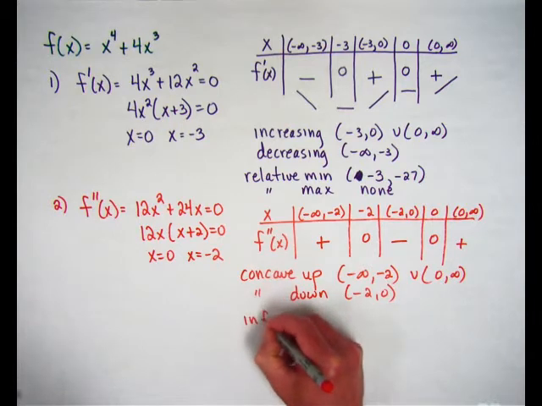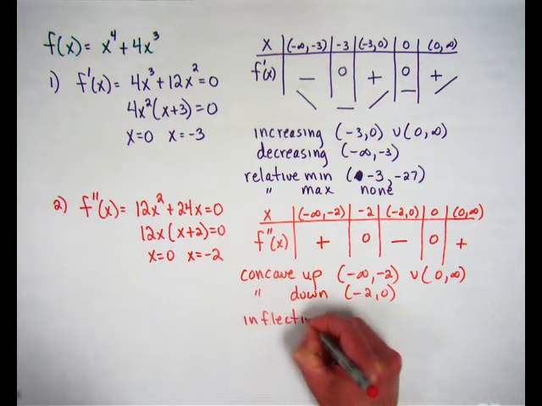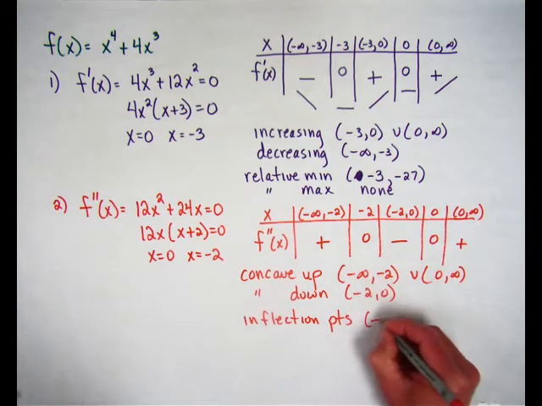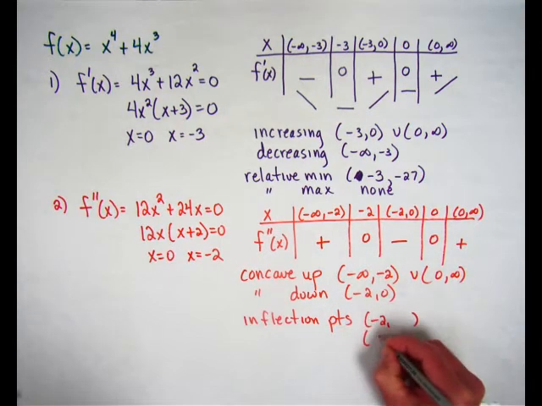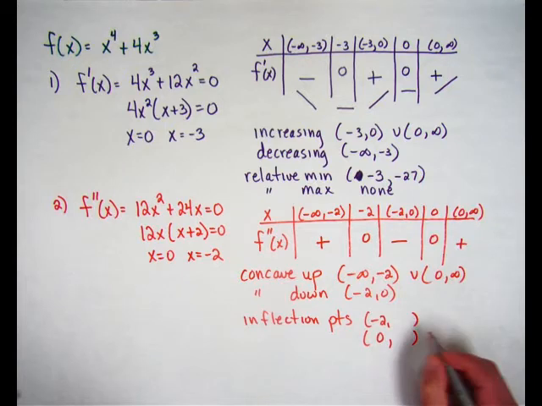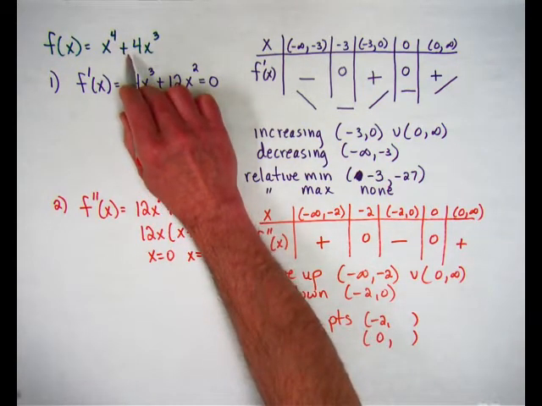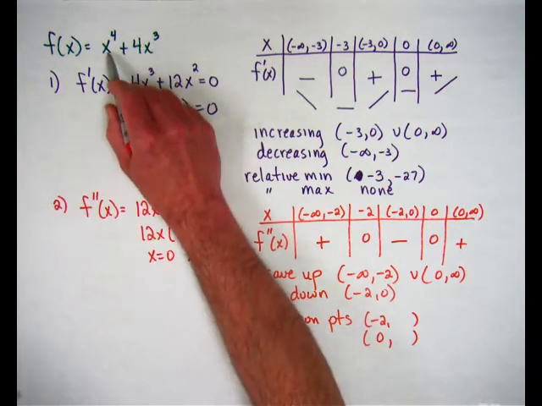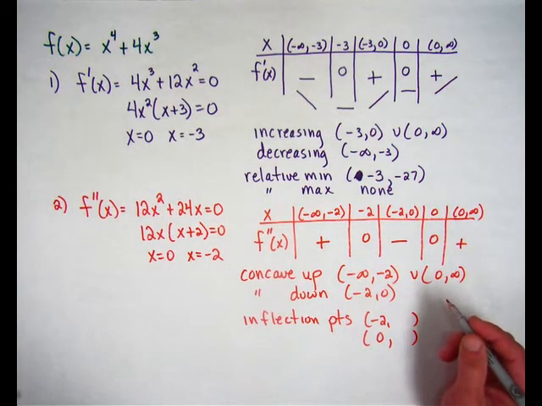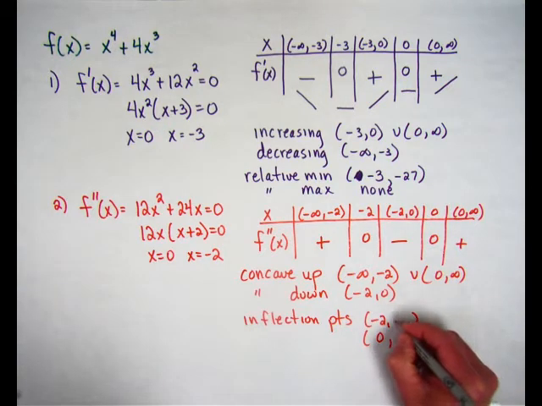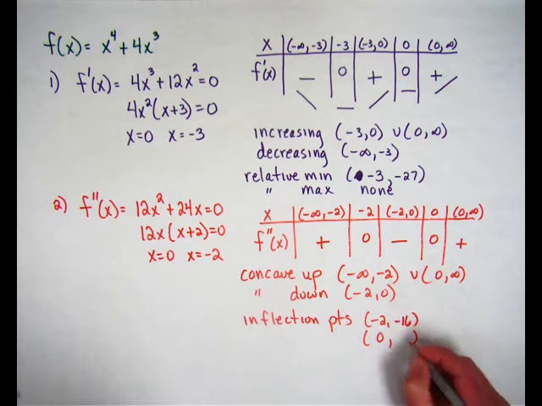And inflection points are any points where the concavity changes, which would be at negative 2 and also at 0. To calculate the y values, you just plug your x values into the original function. So it would be negative 2 to the 4th plus 4 times negative 2 cubed. And that turns out to be negative 16. And if we plug 0 in, we get 0.